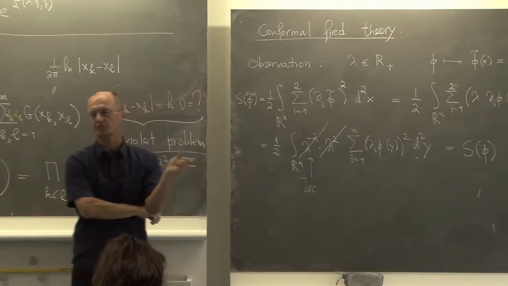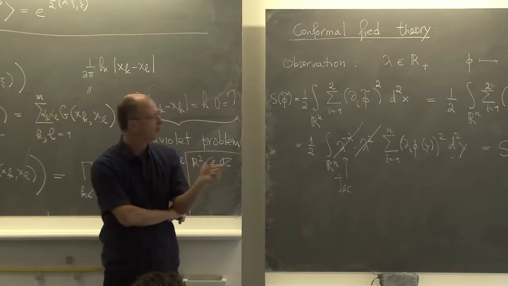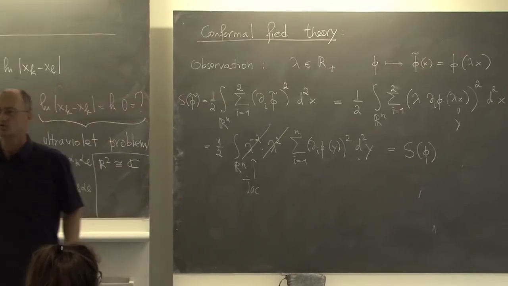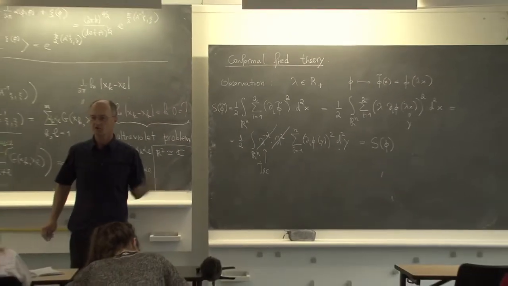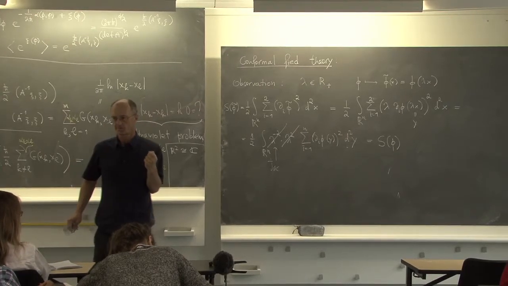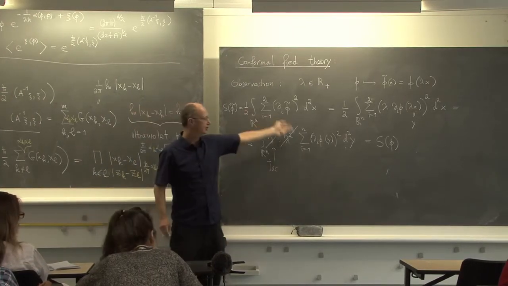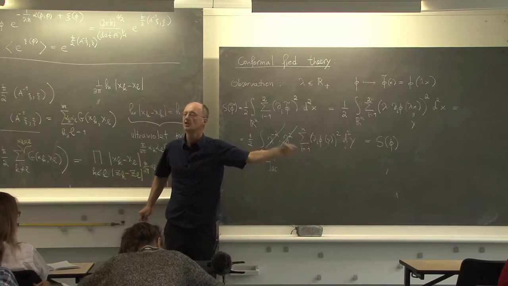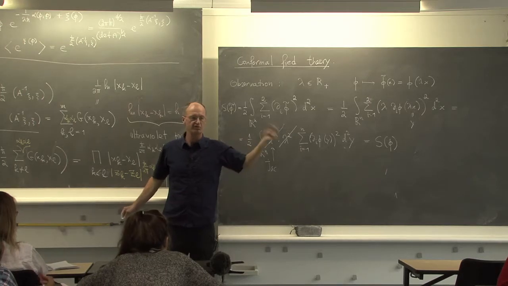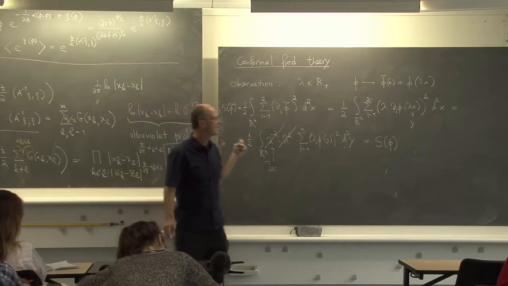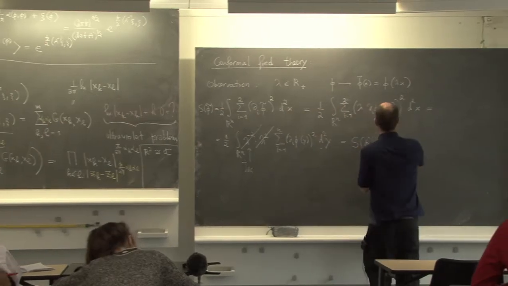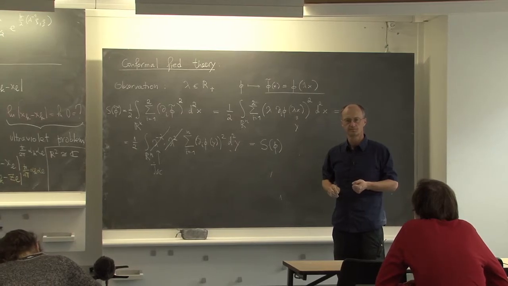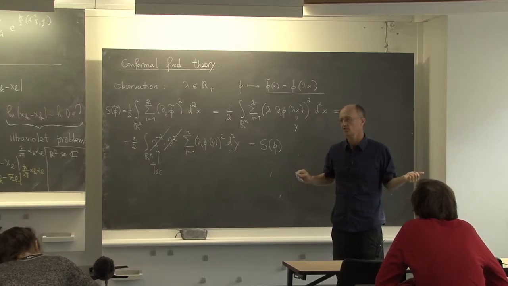Now, before we proceed, just a test question. On the way, I changed the dimension from n to 2. What if I do it in arbitrary dimension n? If I continue the calculation, would I still find S of phi tilde equal to S of phi? In general, no, there will be some factor of lambda. Can I save it in some way by changing this formula? Yes.